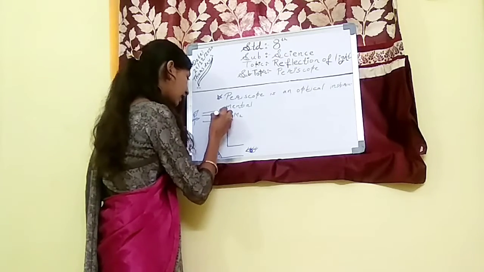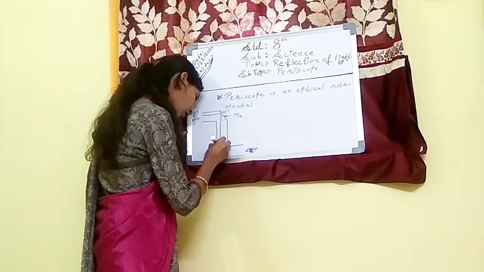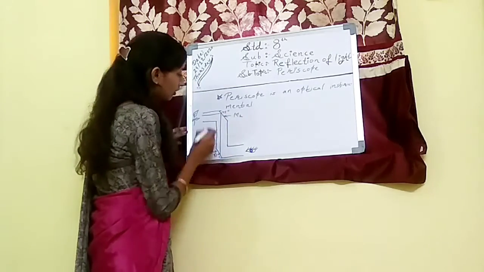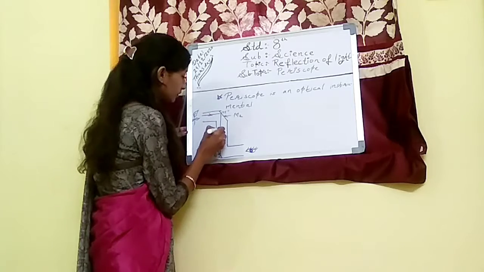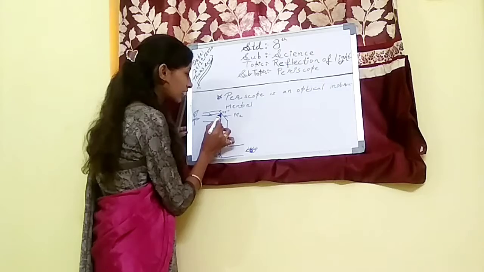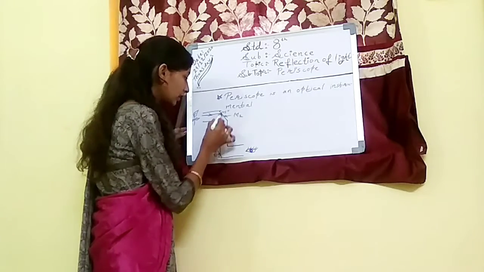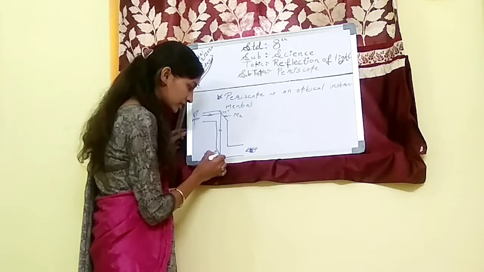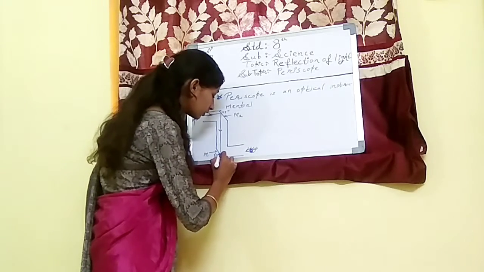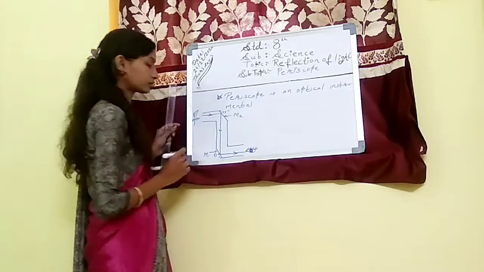This incident ray will come downwards on this mirror, in this direction. This incident ray will fall on this mirror, and then it will reflect. That reflected ray will fall on this mirror, and then this ray will fall onto our eye.